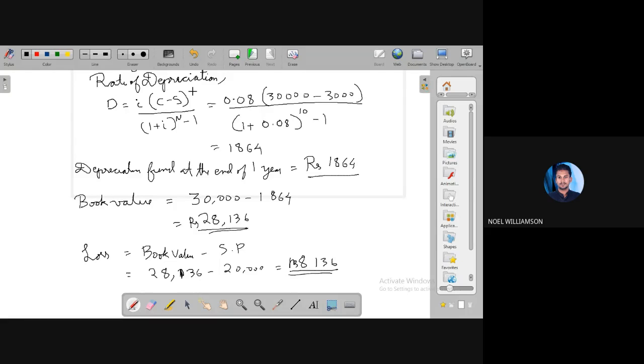So after selling, or at the end of the useful life, we will be able to compensate for the loss, or we have the amount within our hand for compensating the loss. So step by step, each year we are keeping a money like a recurring deposit. So that is one of the main advantages.